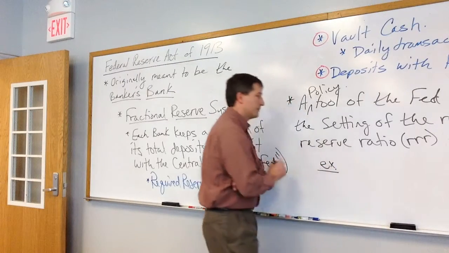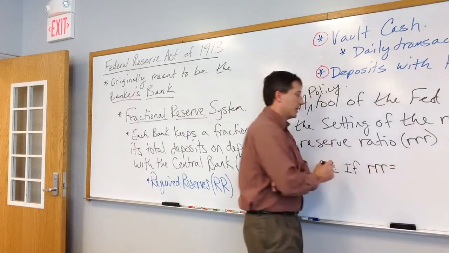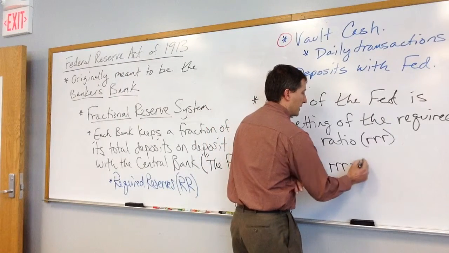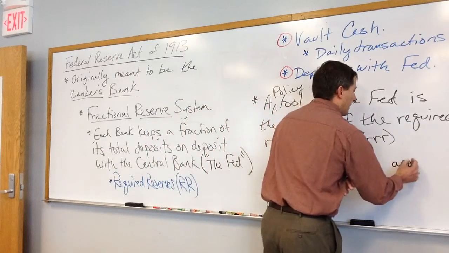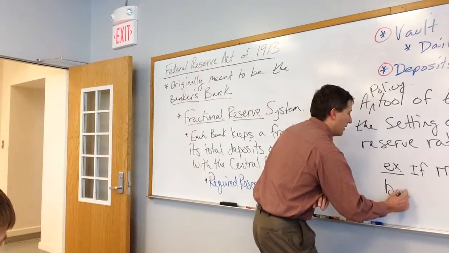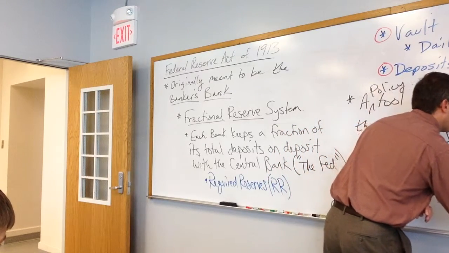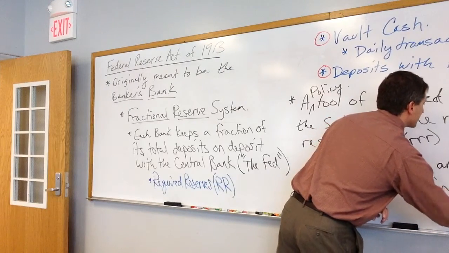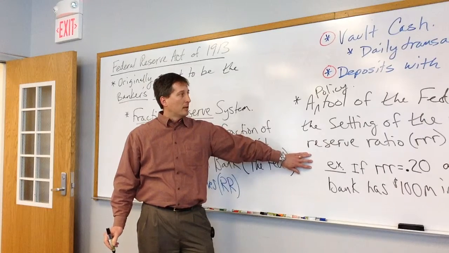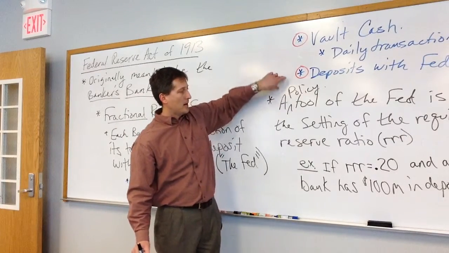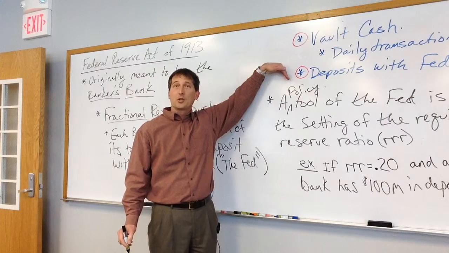So for example, if the required reserve ratio is 0.20 and a bank has $100 million in deposits, by law they always have to have how much in the form of vault cash or deposits with the Fed? 20 million, right?